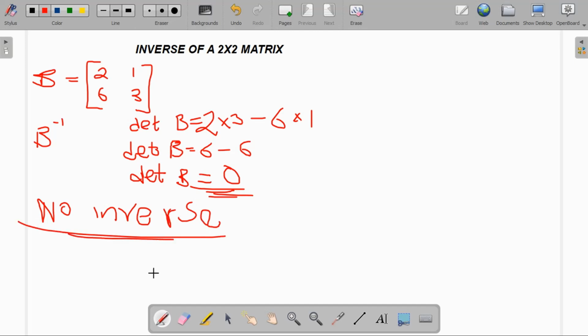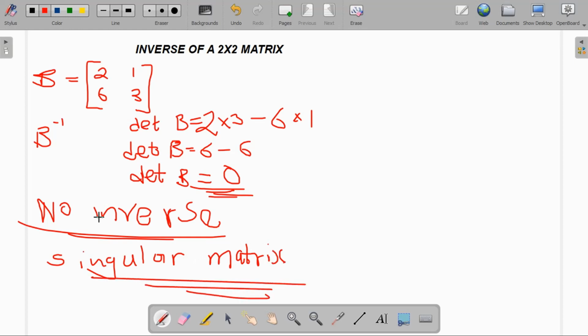The matrix has got no inverse, or it is called a singular matrix. That's what it is called. So if a matrix has got a determinant of 0, then it has got no inverse, or it is a singular matrix. So that's how we usually find it.